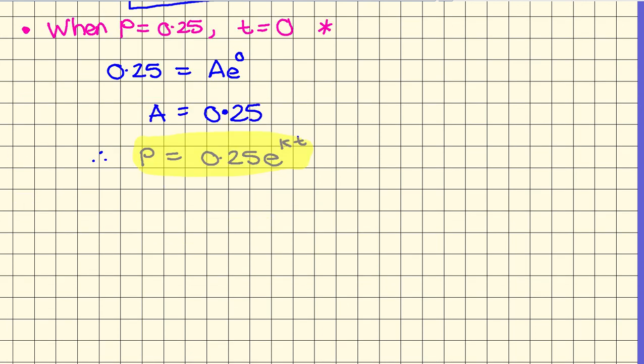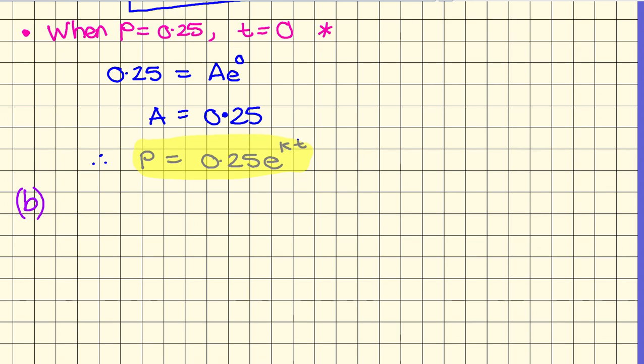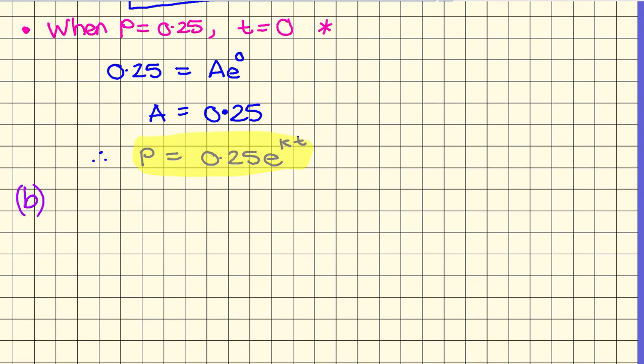I'll change my colour as well for part B. Okay, so it says if 500 people were infected after 7 days, so that's telling us that t equals 7, because it's after 7 days, and that p, so if 500 were infected, so it's 500 out of a total population of 40,000, times by 100, because I want it as a decimal. That's going to give us what p is going to be.